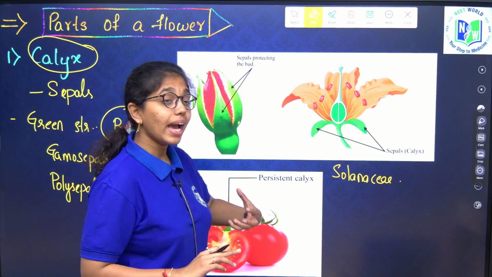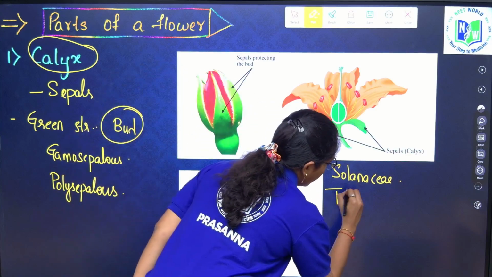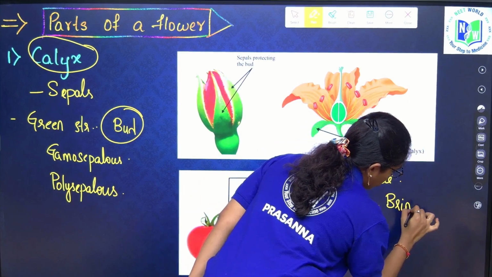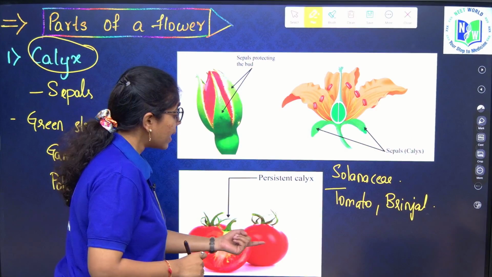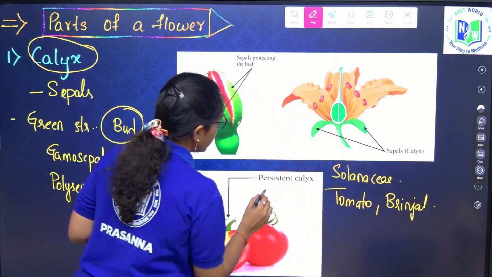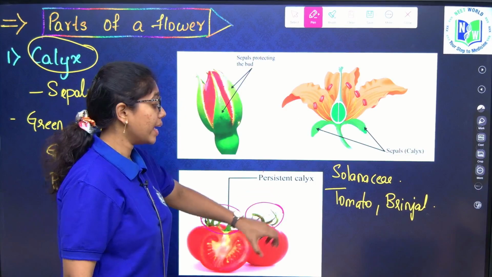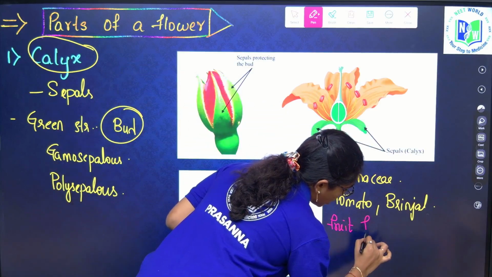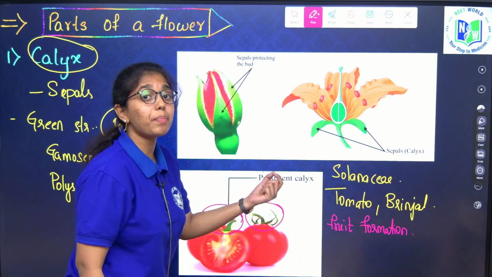But in a few members of Solanaceae, for example tomato and brinjal, you can find the sepals even after fertilization, even after fruit formation. You can easily observe the sepals. Sepals are present even after fertilization and fruit formation, sepals are persistent.